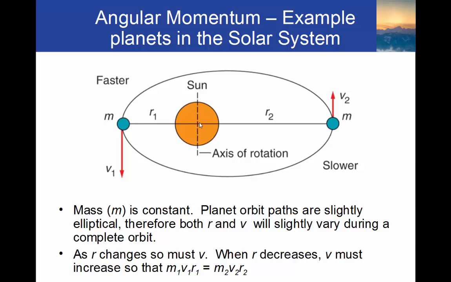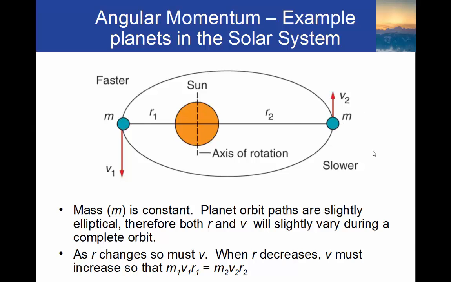The force that acts on this planet is always towards the center of the motion, towards the axis of rotation. That means it does not supply any torque, because the force is always parallel to the radius. So the angle between force and radius is 0 degrees, and sine of 0 degrees gives you 0.